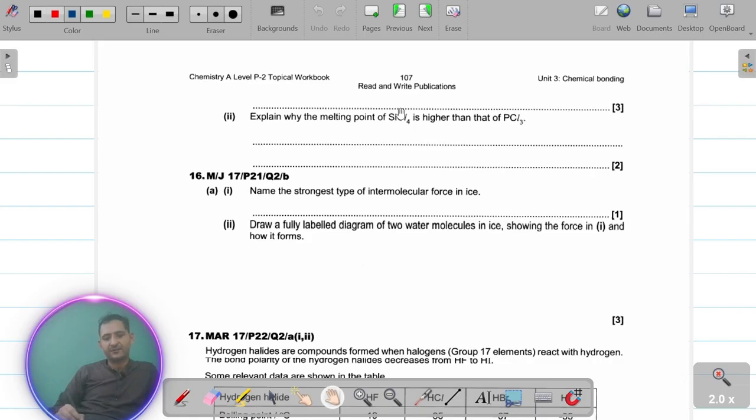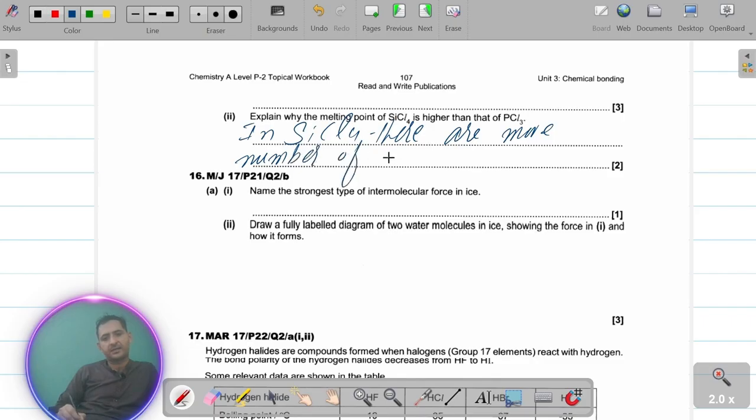We can say SiCl4 has a greater number of electrons, and PCl3 has a smaller number of electrons, because they both are simple covalent. It is mentioned in your textbook.